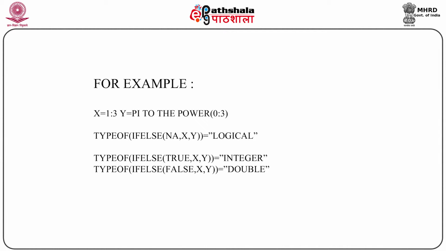For example, if we take x to be the sequence 1, 2 and 3 and y to be pi to the power 0 to 3, then if we type typeof within first brackets ifelse and then within first brackets NA, x, y, this gives logical. Again, if we type TRUE in place of NA, then this would be integer, and if we type FALSE in place of TRUE, then that would give us double.